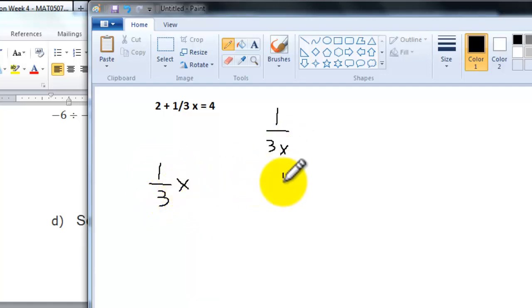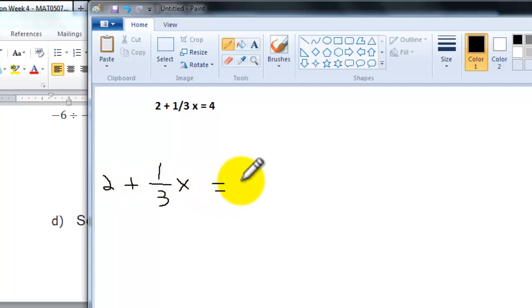This x is really 1/3 times x over 1. If you draw it in the denominator, that changes it to 1/x. So don't do that. Okay, so 1/3 x is the way to write that correctly.